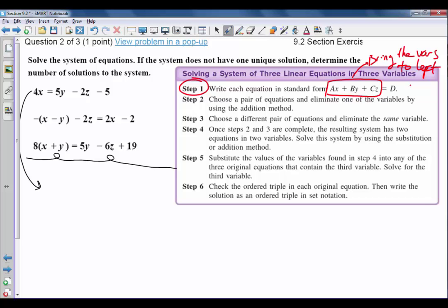So when I bring 5y to the left, what happens? It becomes -5y. It flips the sign of the coefficient. How about -2z? When it jumps to the other side, it turns to +2z. How about the equal sign, -5?